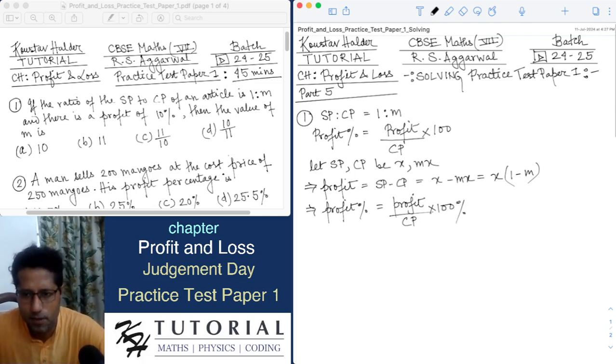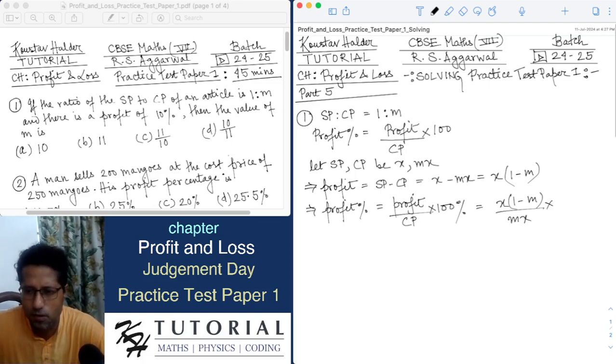We have x into 1 minus m for profit, and the cost price is mx, as we have assumed. This into 100 should be equal to 10, as it is given that the profit is 10%.